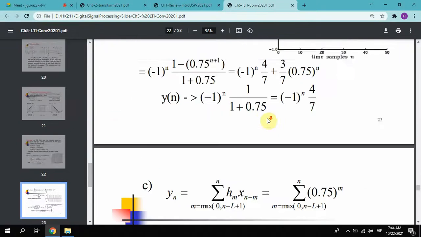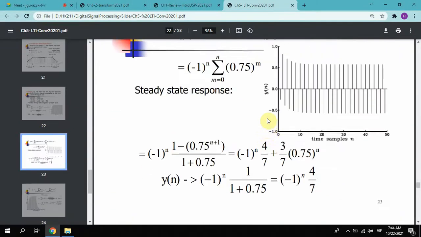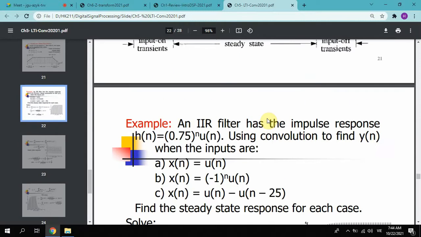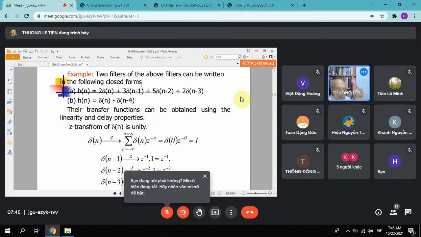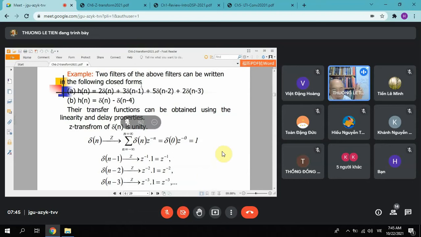So that means we try to describe the signal in terms of the delta function. When we express x[n] equal to 2 delta[n] plus 3 delta[n minus 1] and so on, that form we say is the closed form for the FIR system.